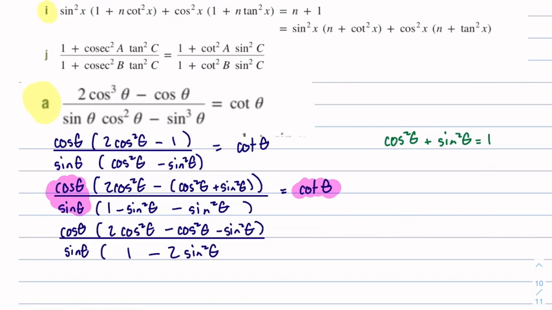I think on the bottom, instead of making that cos squared theta 1 minus sine squared theta, I'm going to make the sine squared theta 1 minus cos squared theta. This is why with a lot of these you're going to use a lot of paper, which means I've got cos squared theta take 1 plus cos squared theta.